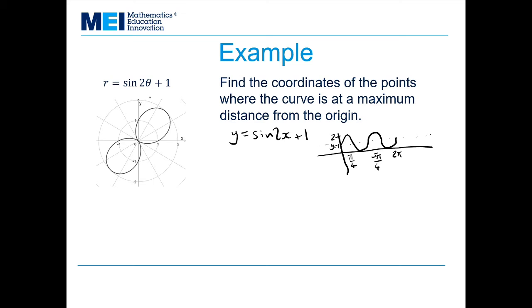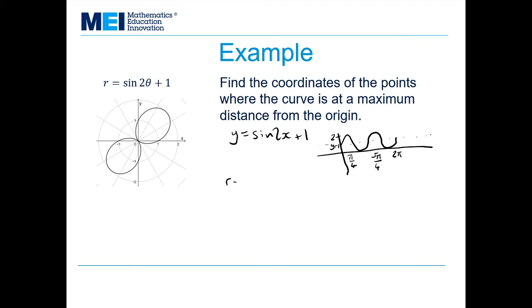Now this is a time when you might think about dr by d theta, because what we've just done here is equivalent to solving dr by d theta equals 0. We want to know the maximum value that r takes and the value of theta where that occurs. Okay, so what have we got then?